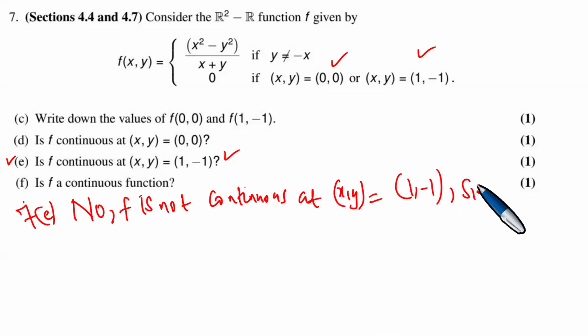It is not continuous since, let's evaluate the limit to determine continuity. The limit as x and y approach the point at the same time.